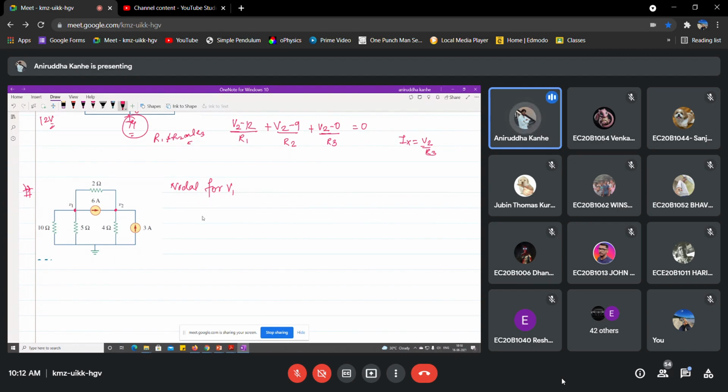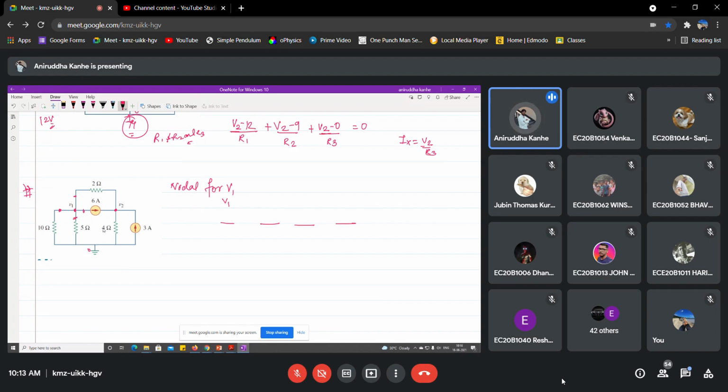Now, can anyone unmute their mic and tell me what will be the V1 equation? See how many branches are connected to it: 1, 3, and 4. So obviously 4 different terms will come. And what are those 4 different terms? This is of course ground, so 0 potential.